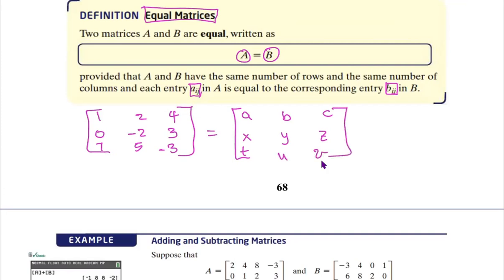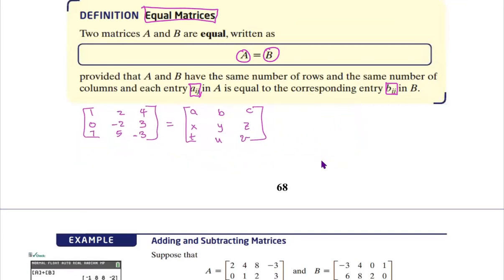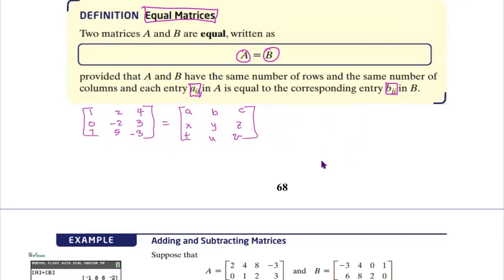Well, these two are equal. It means the numbers in the same position are the same. So that automatically means that A equals 1, B equals 2, C equals 4, and so on.